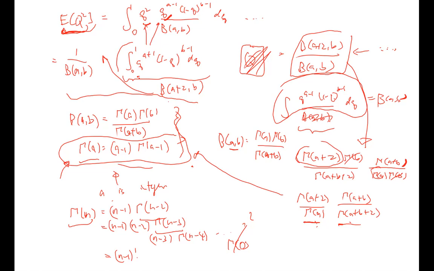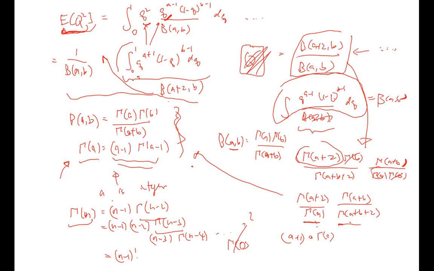So you have this here. Know that you can use this a couple of times, right? I have gamma a plus 2, which I can write as a plus 1 times a times gamma a, right?